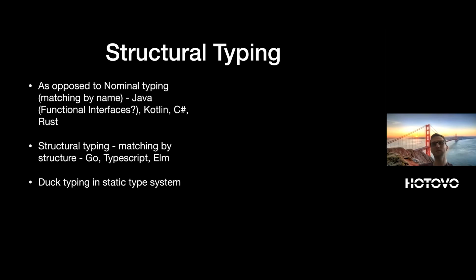So this was about polymorphism, and I wanted to touch on the topic of structural typing because it's related, and how we can achieve those polymorphic functions with the support of structural typing. What structural typing is about is that normally in common languages like Java, Kotlin, C#, Rust, the compiler works with nominal typing.